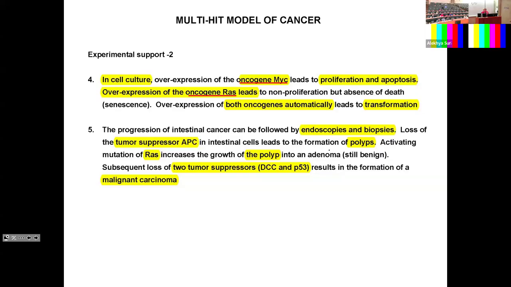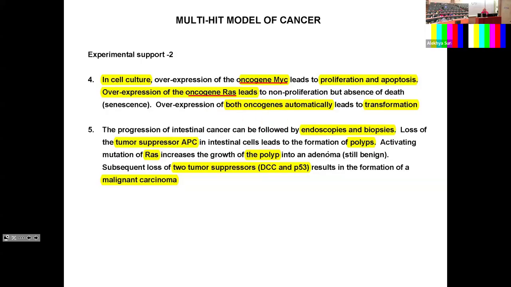We are exposed to different chemicals. Another experimental approach supporting this is in cultures. The proto-oncogene MYC, when overexpressed, affects proliferation and apoptosis, but oncogene RAS leads to non-proliferation and absence of apoptosis, or senescence.